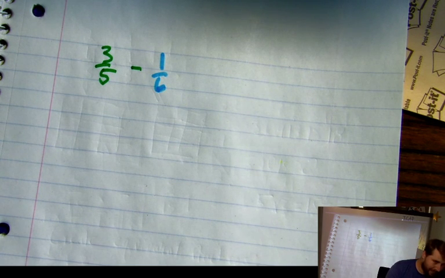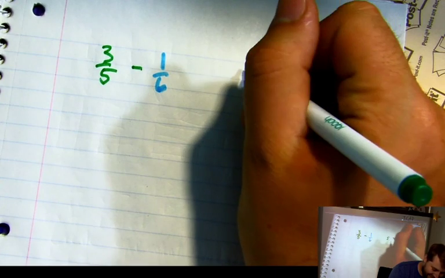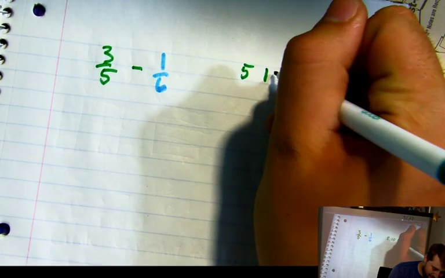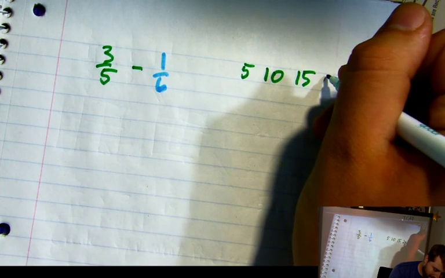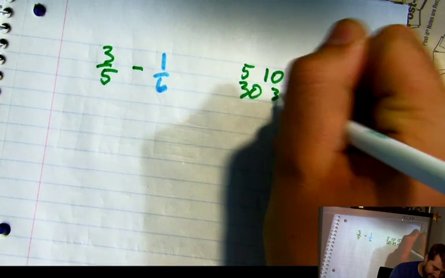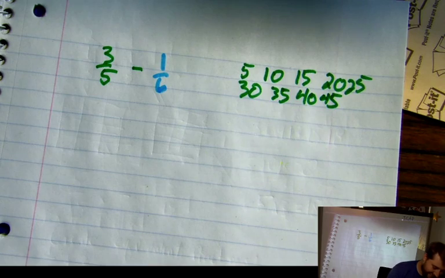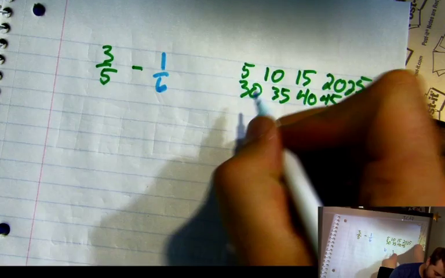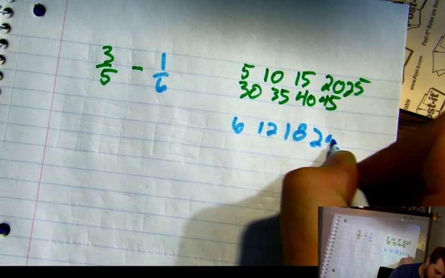And so we're going to list our multiples off to the side here. Our multiples of 5: 5, 10, 15, 20, 25, 30, 35, 40, 45. And we'll do the same thing with our 6s: 6, 12, 18, 24, 30, so on and so forth.